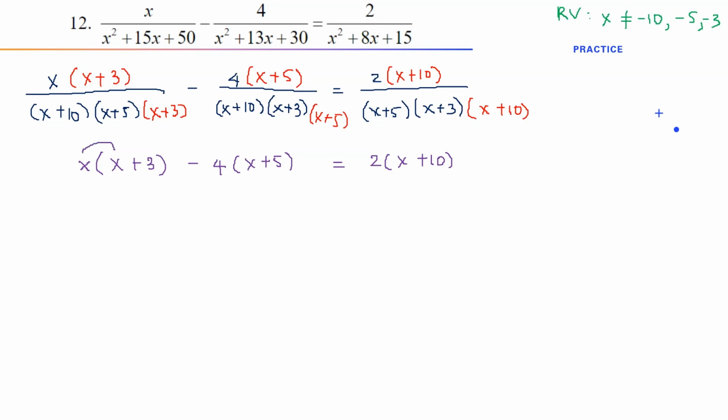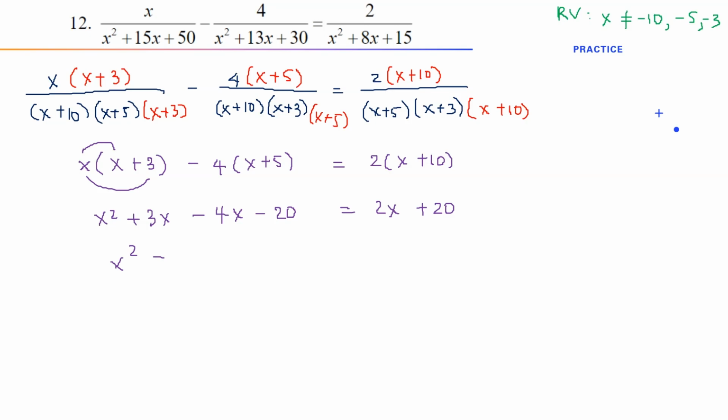Now we can distribute: x squared plus 3x minus 4x minus 20 equal 2x plus 20. Alright, now we have x squared. 3x minus 4x is negative x.